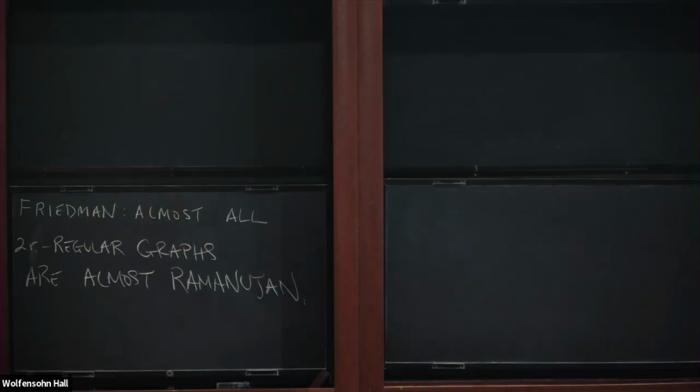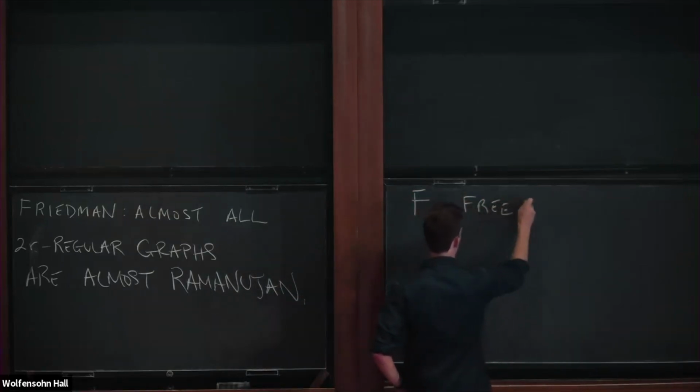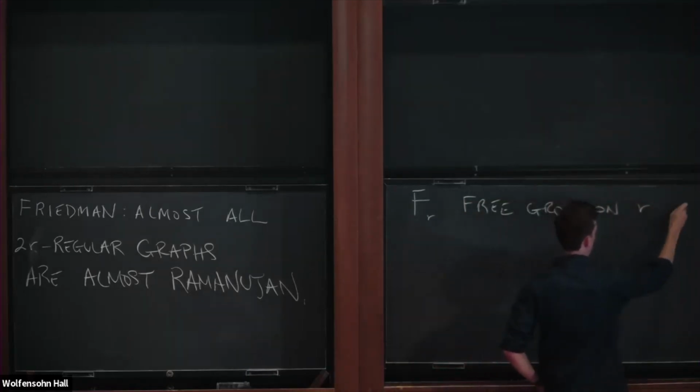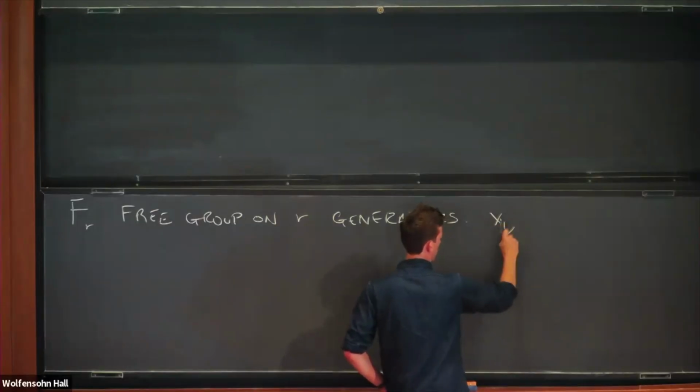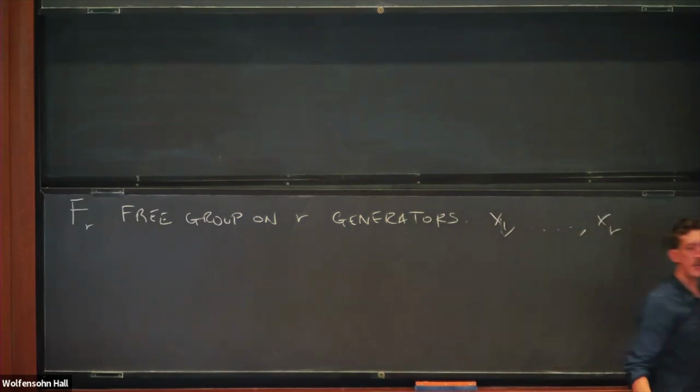Okay, so let me set some things up. F_r is the free group on r generators, x_1 to x_r. My talk is actually centered around representation theory.